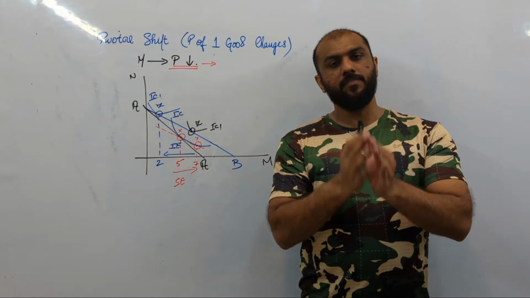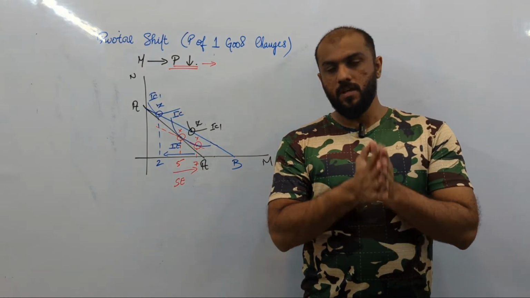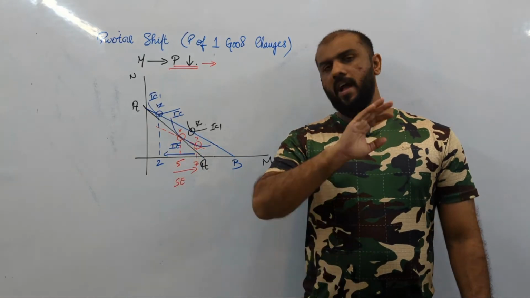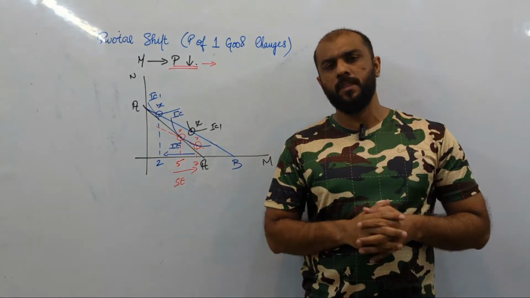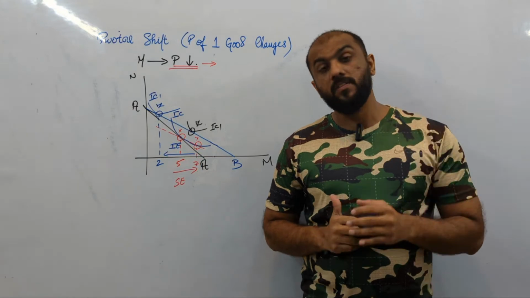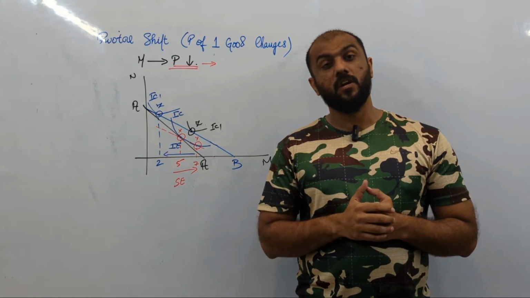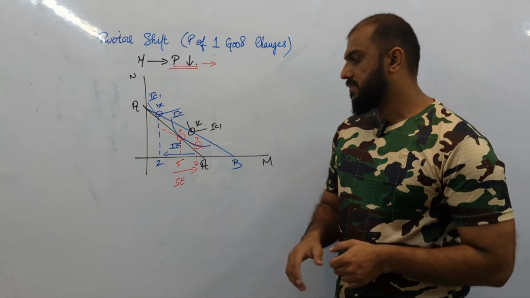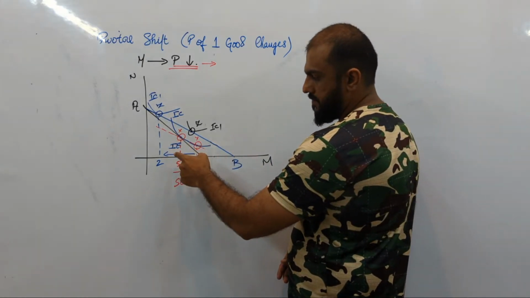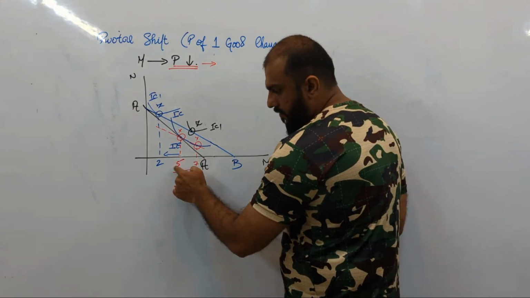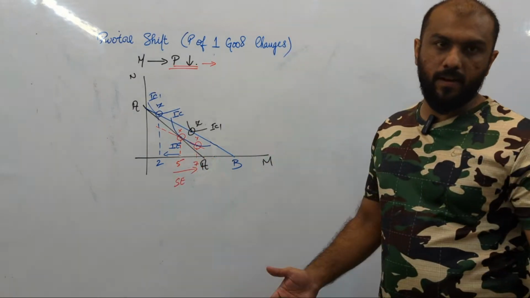people get confused. They're not confused about X to Y being the substitution effect. Every student would perfectly show me that. Where they're confused is, where would the income effect start from? So for example, in this situation, they would make the income effect from 5 to 2. Now this is incorrect.